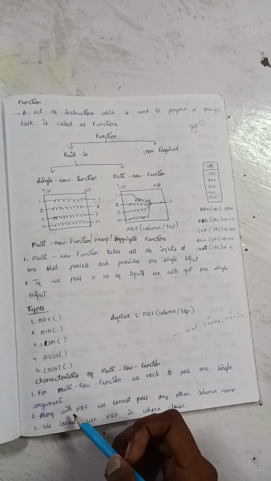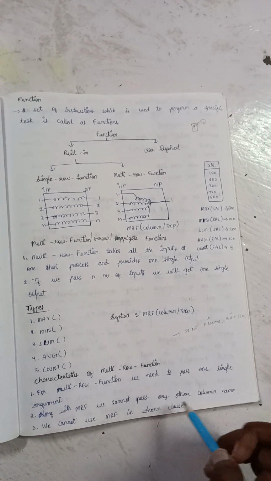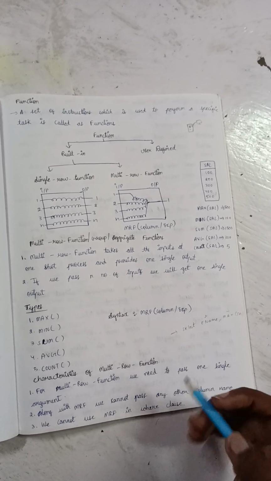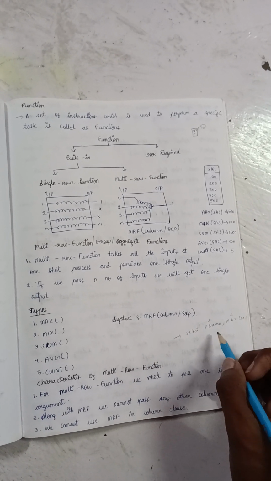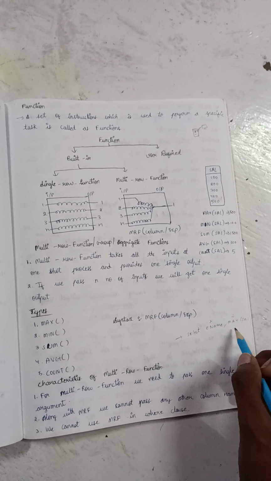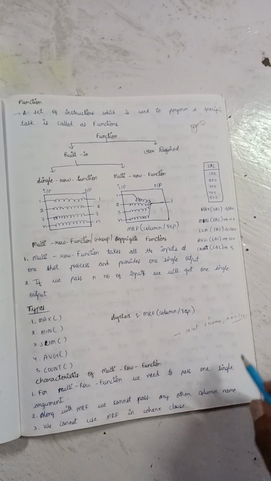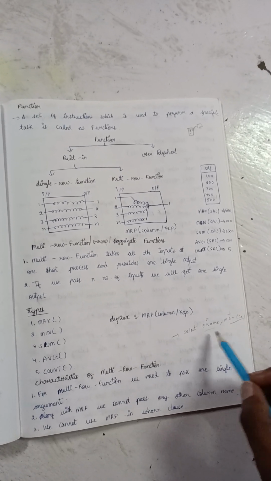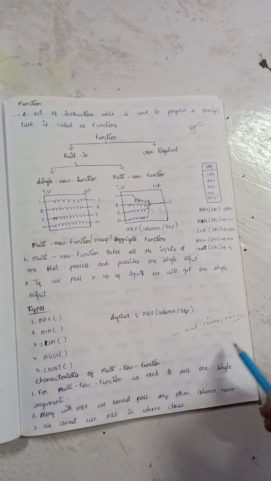Along with a multi-row function, we cannot pass any other column name. We can pass only functions or column names, not both.